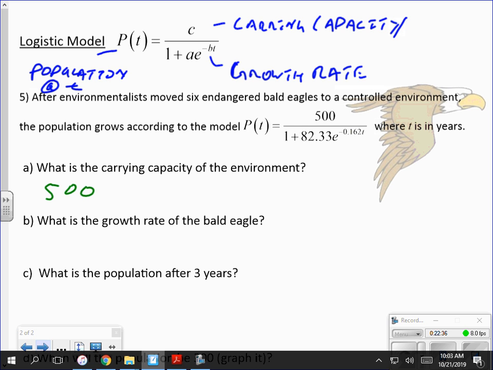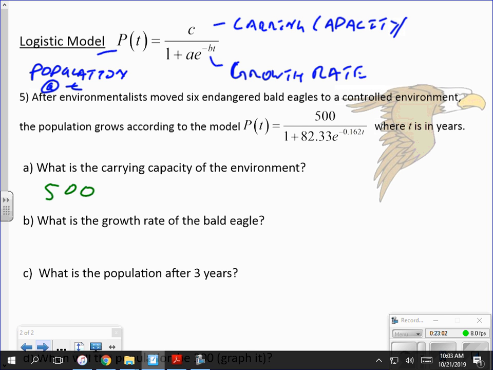Now, let's take a look at the problem mathematically. If we look at what we have going on here, we have 1 plus 82.33 e to the negative 0.162 t. So the 1 is the 1. As time gets larger, I get e to a larger and larger negative value.